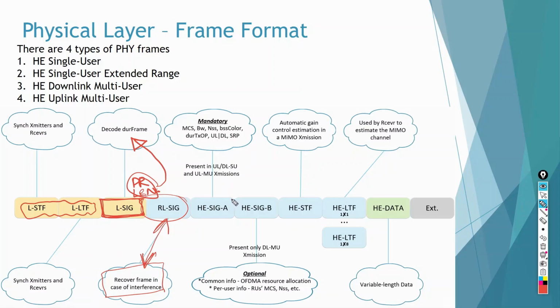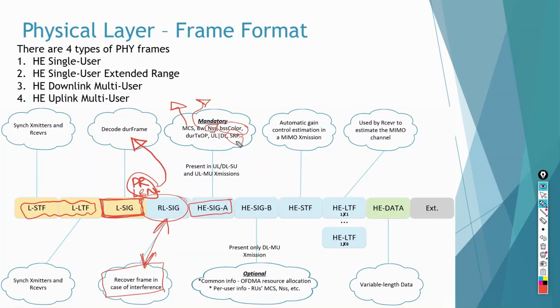The other field is the HE signal A field, and this is a mandatory one. It contains very important information about HE operation, such as the MCS, the bandwidth for the channel, whether it's 20 megahertz or 40, etc. The number of spatial streams used for the transmission, the BSS color, which is something that we are going to talk a lot about in this series.